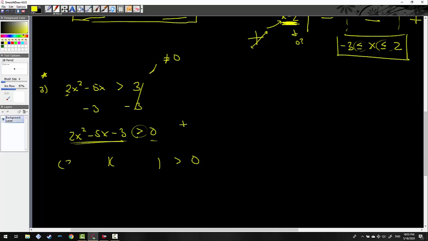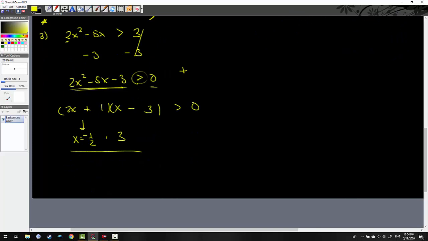So how does this guy factor? 2x, x, I'm guessing a 3 here and a 1 here, minus, plus. So from here, x equals negative 1/2, and x equals 3. These are my critical numbers that now go into the sign chart. I'll put them right here because I'm running out of space below.